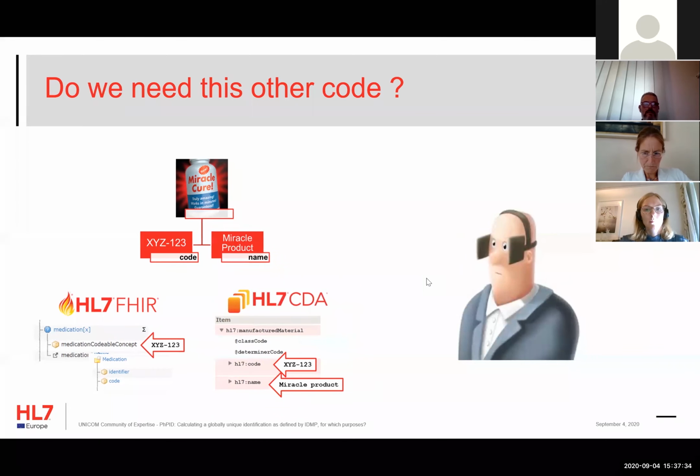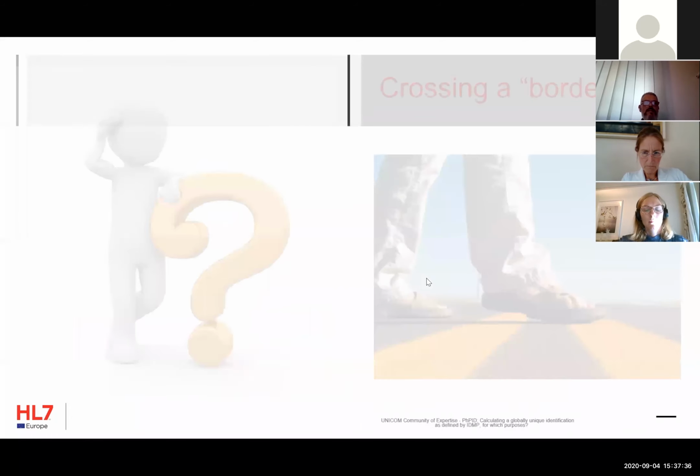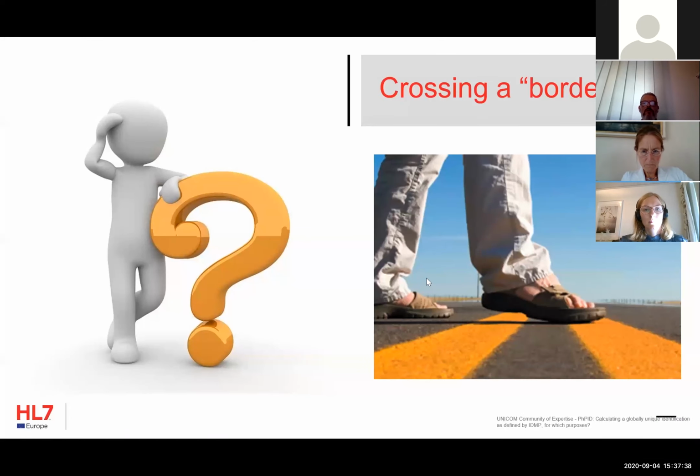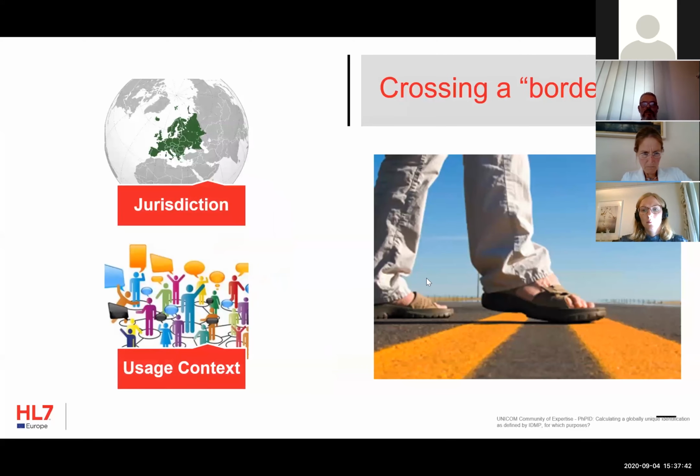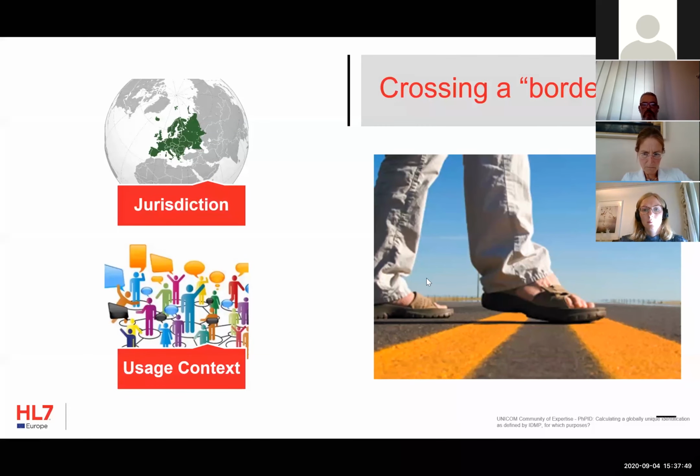In fact, next slide. What is happening if you try to cross a border? Next. Crossing a border doesn't mean only moving across countries. It could mean moving across different jurisdictions that may not be a single country, but also moving across different usage contexts.